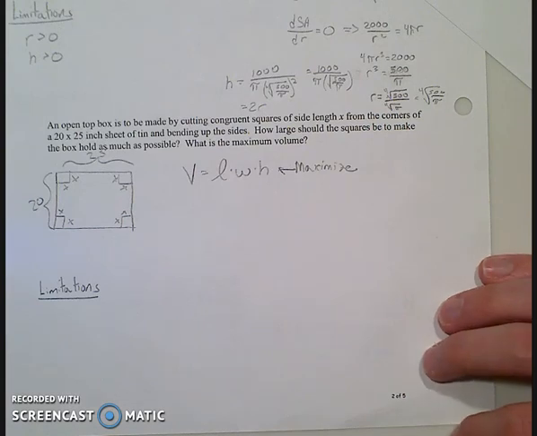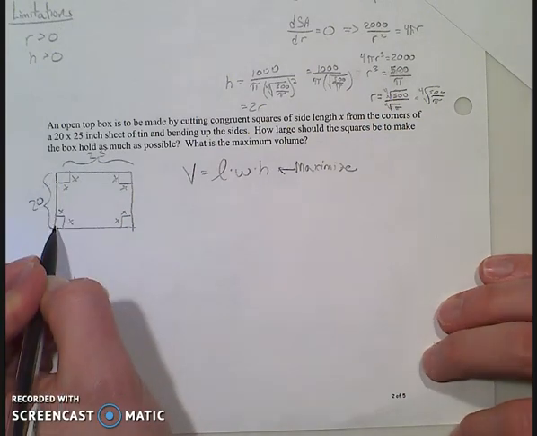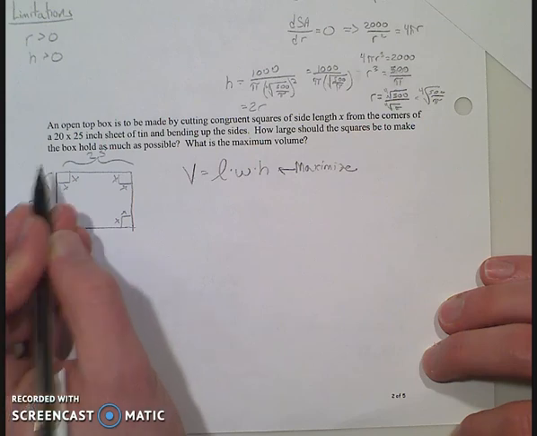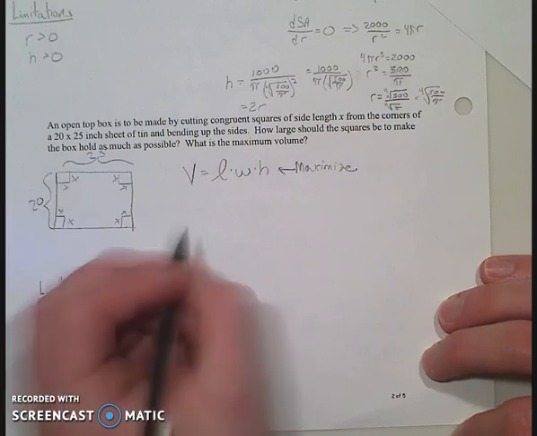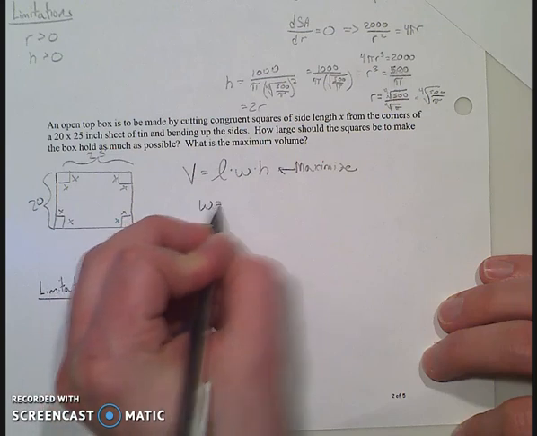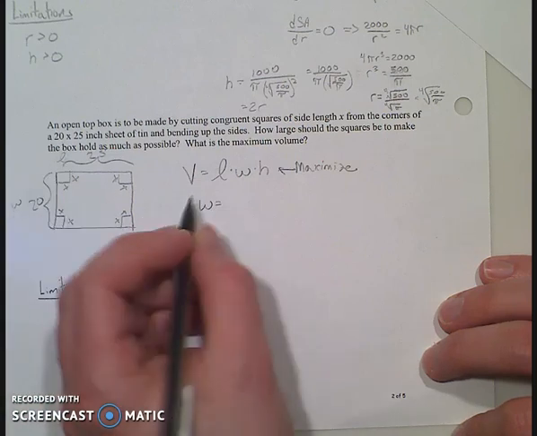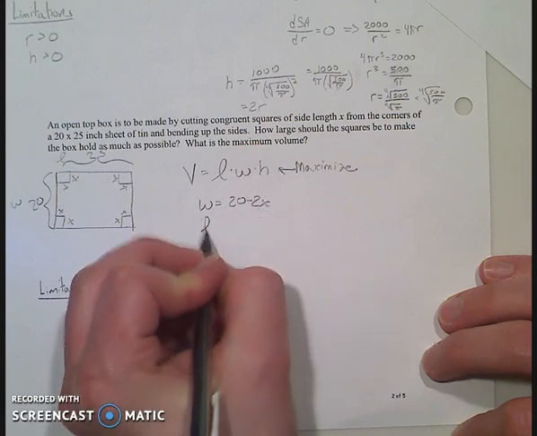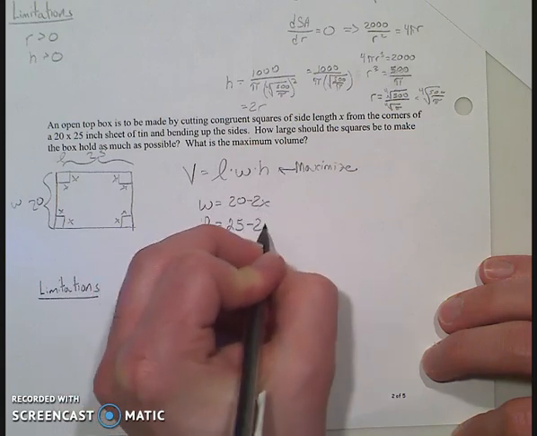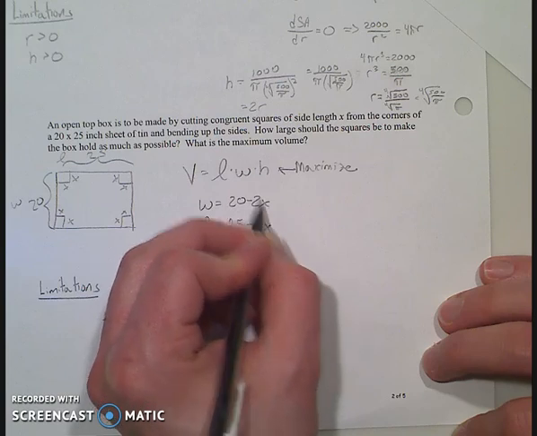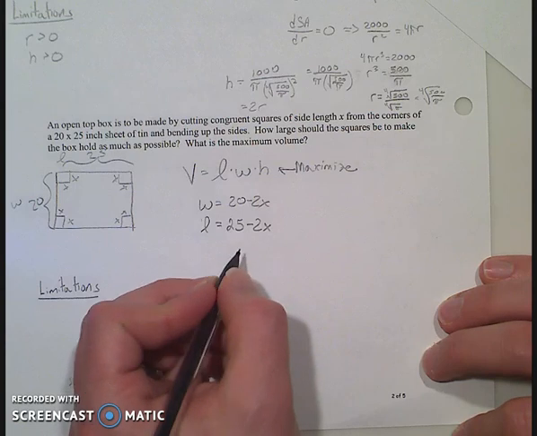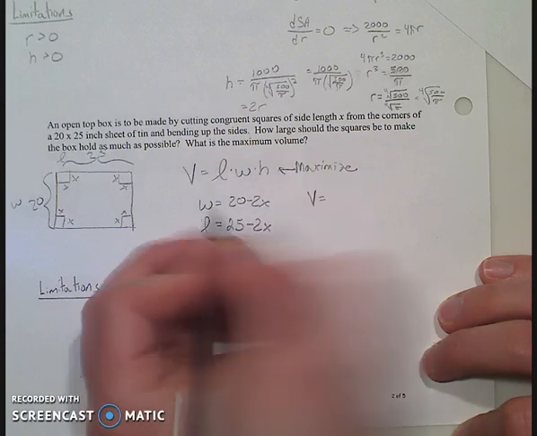If I take away these x's, or these squares, isn't that an x, and that an x? So my width is now 20 minus 2x, and my length is 25 minus 2x. These 2x's are the squares that got taken away. So we have volume equal to L times W times h.